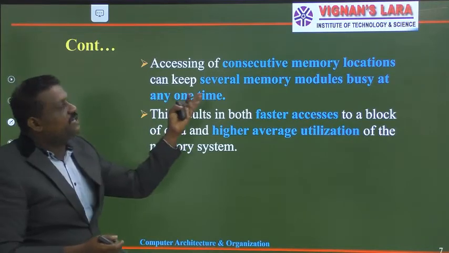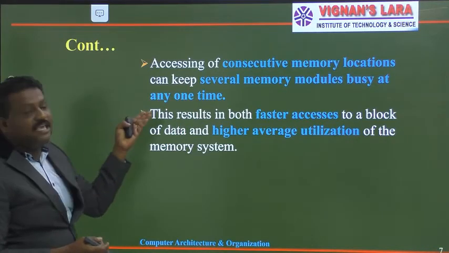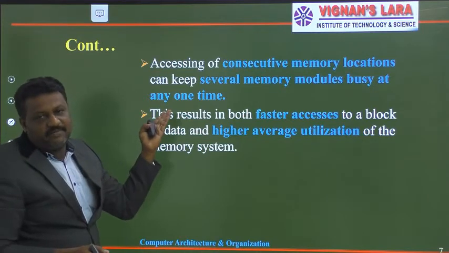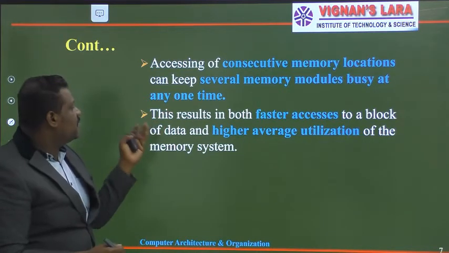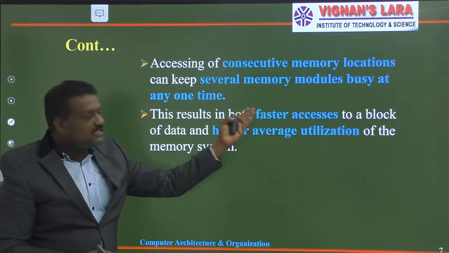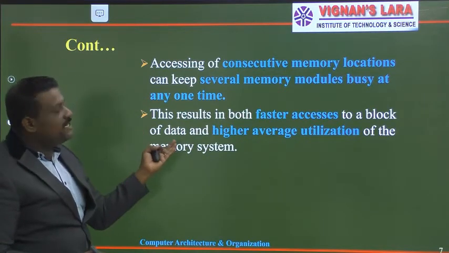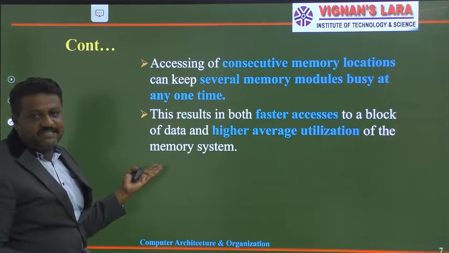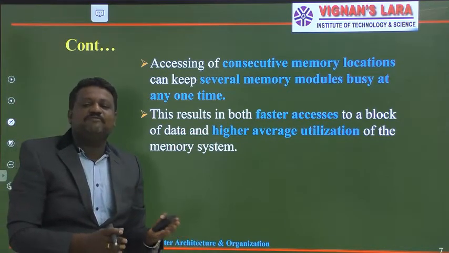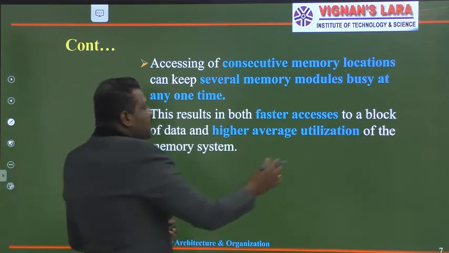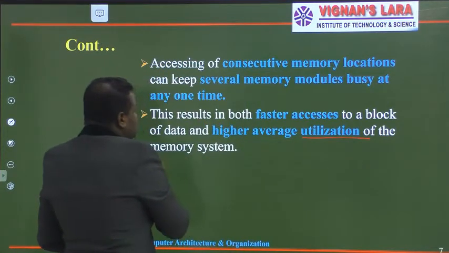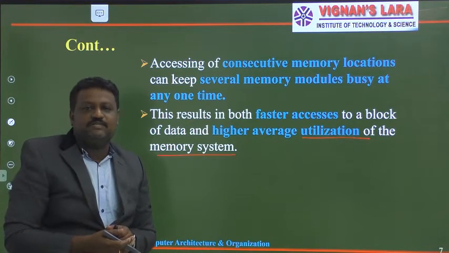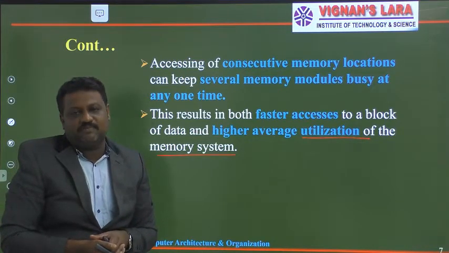Accessing of consecutive memory locations can keep several memory modules busy at any one time. That's what I was saying about the previous case. This results in both faster access to a lot of data and a higher average utilization of the memory system. As another advantage, what we are adding is the utilization of the memory system: a higher average utilization of a memory system for the memory interleaving concept.